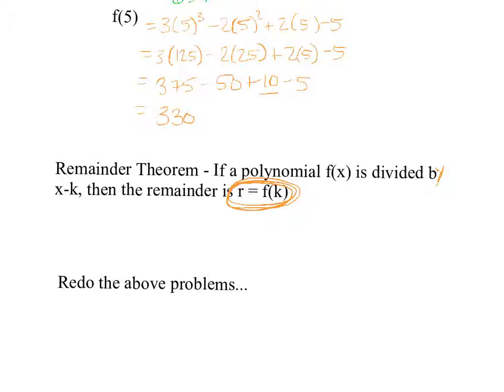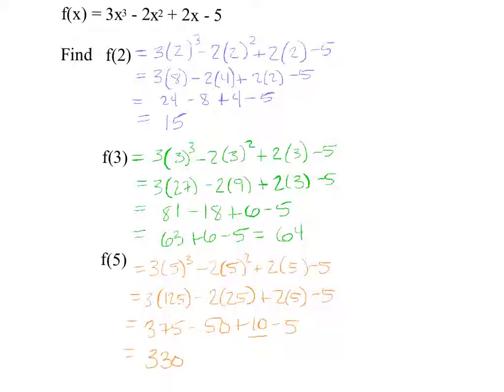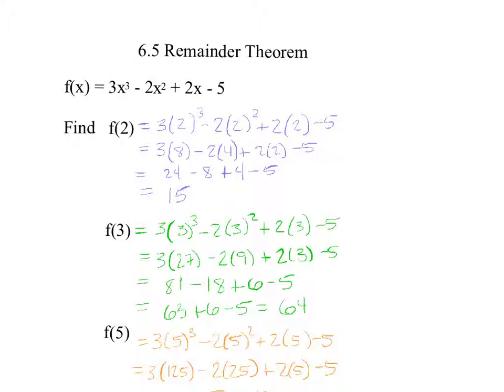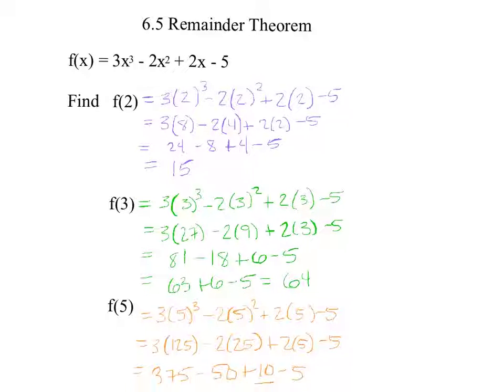So here's what's going on. If I go back up here, I've got this polynomial of 3x cubed minus 2x squared plus 2x minus 5. Do you remember synthetic division from yesterday? Well, if I want to find f of 2, I can use synthetic division to do that. I can use synthetic division to figure out the 15.